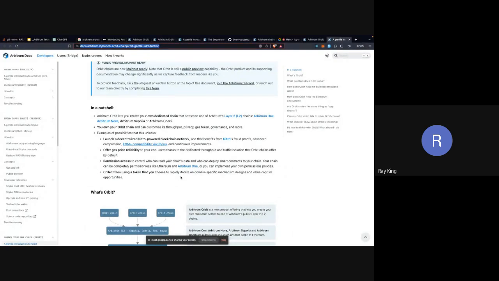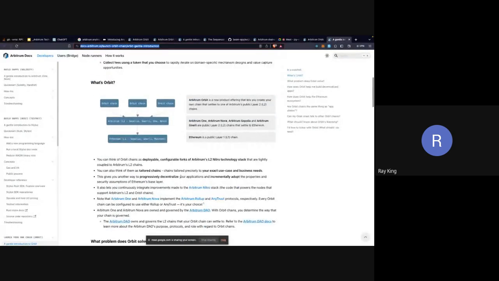You also can collect fees based on the token that you chose, and there are numerous benefits and possibilities using this Arbitrum Orbit. So you can just play around with it whenever you are free. And if you have any question, you can always throw it out for the answer to be there.